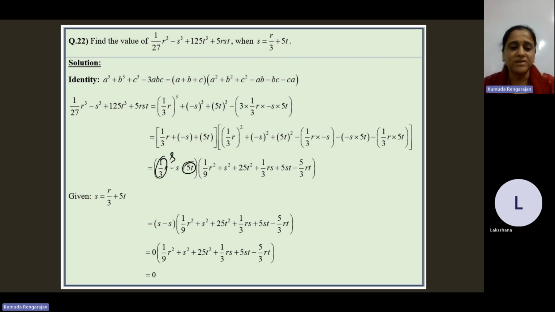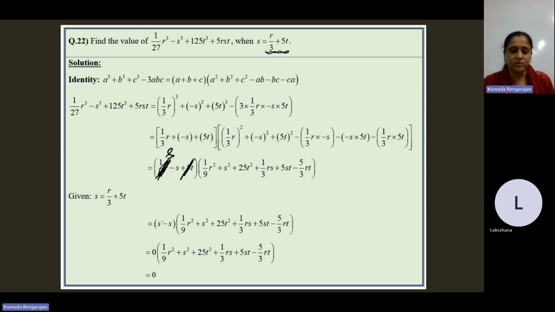So you'll have S minus S, right? We are given that R by 3 plus 5T is equal to S, right? So here we have R by 3, and this is plus 5T. Take away these two, R by 3 plus 5T, and write S, because that's what is given.